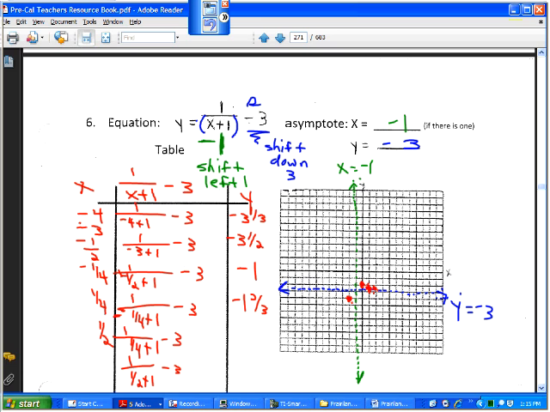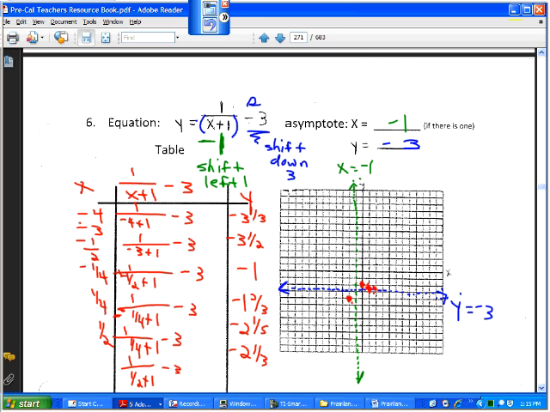The reciprocal is 4/5. 4/5 above negative 3 would be negative 2 and 1/5. 1/2 plus 1 is 3/2. The reciprocal is 2/3. 2/3 above negative 3 is negative 2 and 1/3. All right. A lot of fraction stuff going on there. Punch it in the calculator if you have to, but you really ought to be able to do the math.